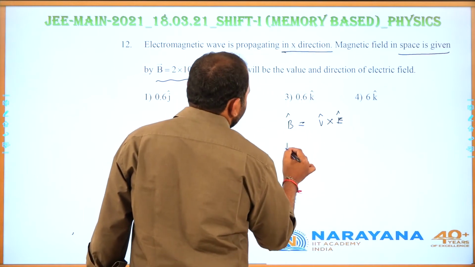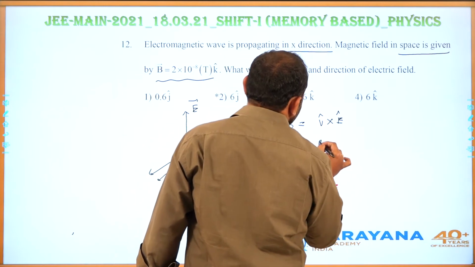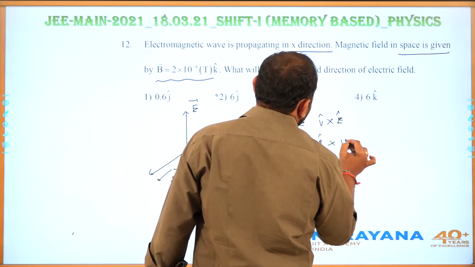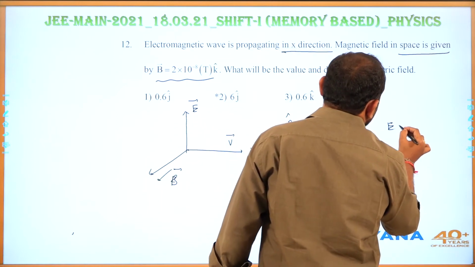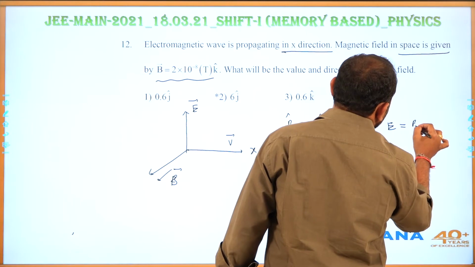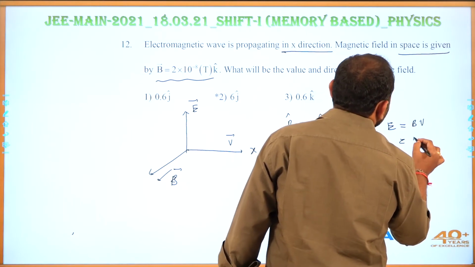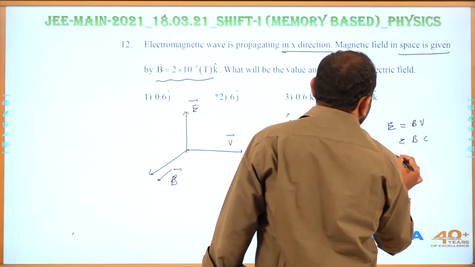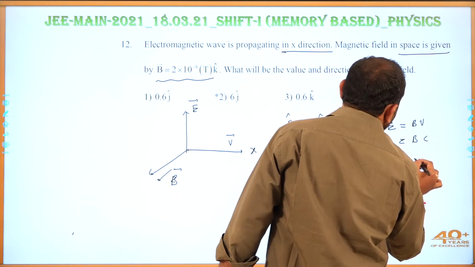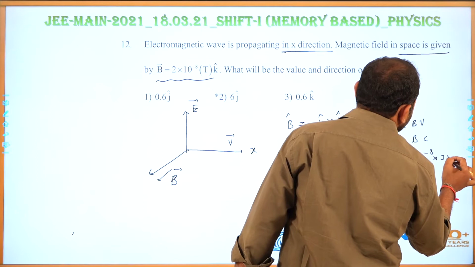Similarly, the direction of the electric field can be written as B cap cross V cap, and the magnitude of the electric field in terms of the magnetic field is E equal to B into V. As it is given in free space, it will be B into C. So first of all, the magnitude of the electric field is 2 into 10 power minus 8 times C, which is 3 into 10 power 8.